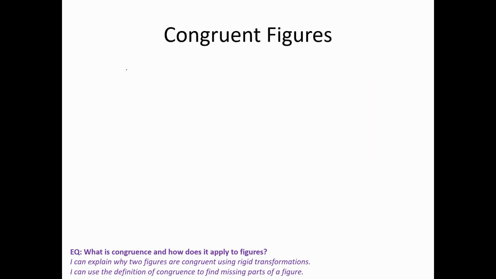All right, so congruent figures. I'm going to ask you to draw some triangles. If you can, make them scalene triangles, so three different side lengths, but two triangles that look like they're congruent.